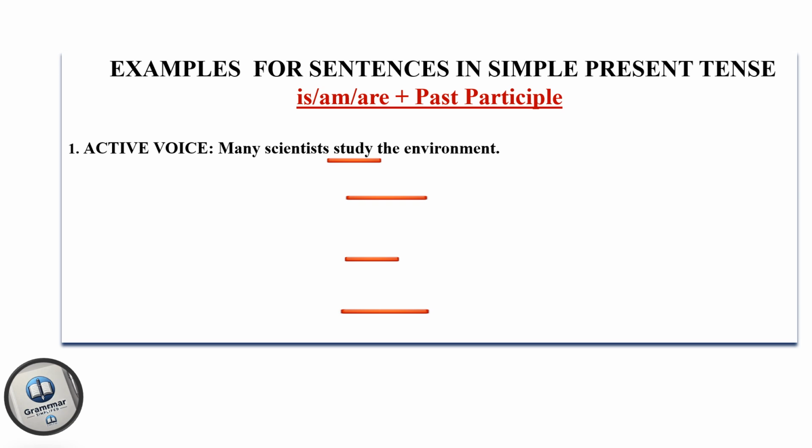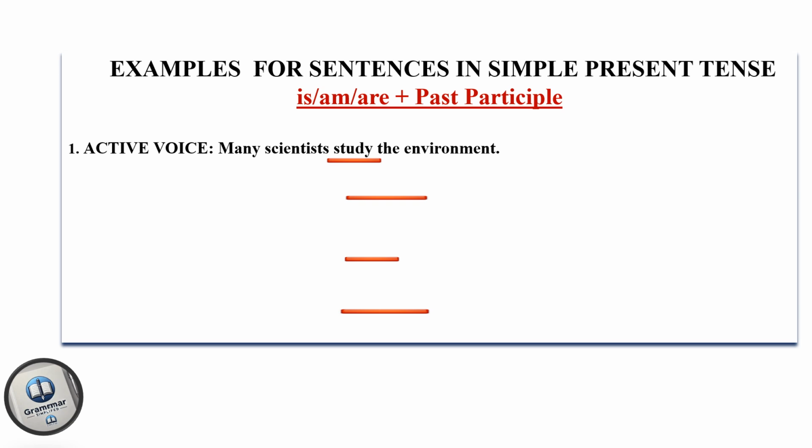First, when you get the sentence, friends, you must underline the verb. Here, the verb is study. And you know the very important rule is the object will become the subject and the subject will become the object. That means many scientists will become the object, the environment will become the subject. They will switch.